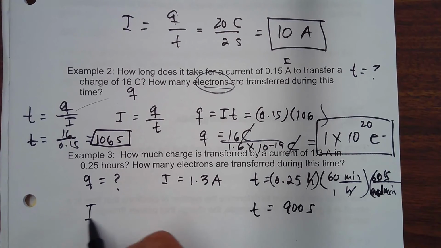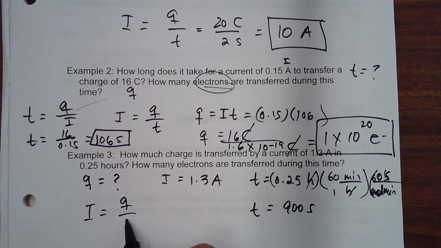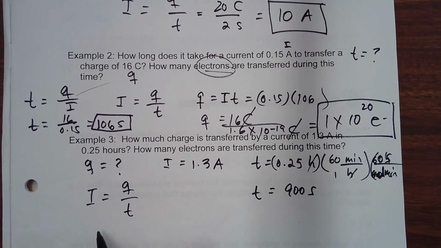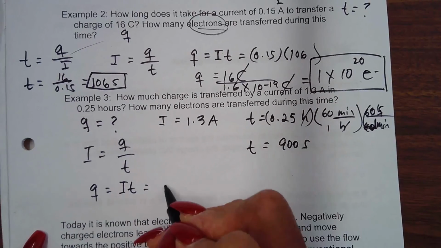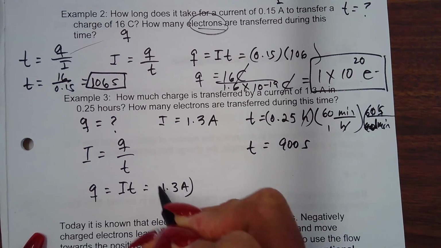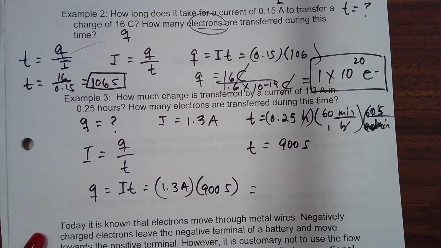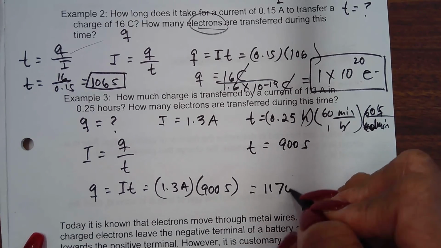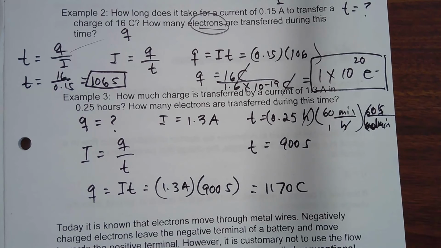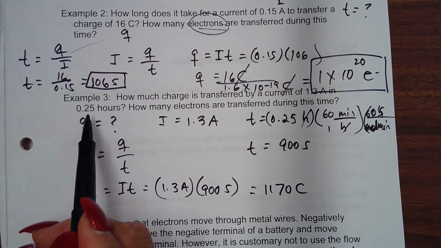Looking for Q, so I is charge over time. We're looking for Q, so current times time. So we go 1.3 amps times 900 seconds, and you get 1170 coulombs. That is the charge you get when you run this current for a quarter of an hour.